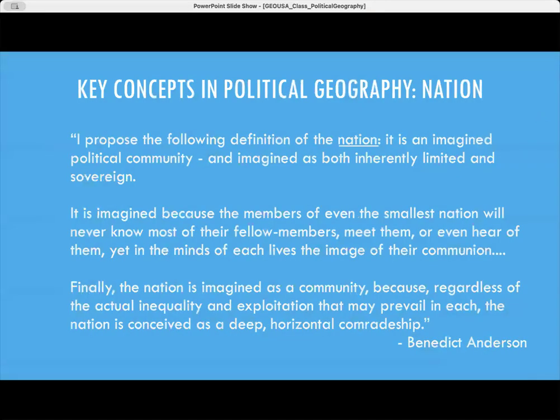Another key concept, and we discussed this early on in the course, is the idea of nation. Because we talk about nation. Now, this definition of nation here from Benedict Anderson, I'm not going to read the whole thing, but just to understand, when we say nation, we're talking about an idea. We're talking about an imagined community, an imagined political community.